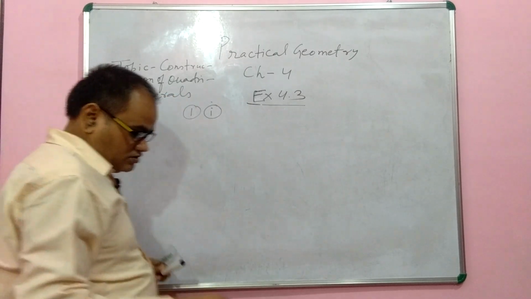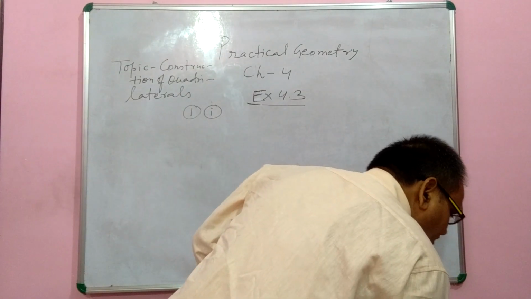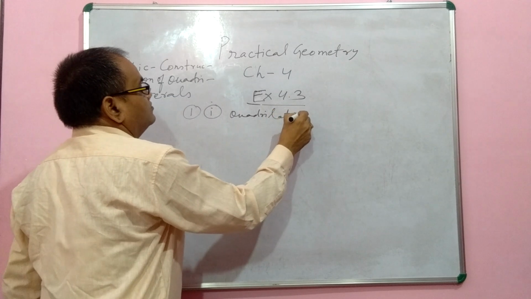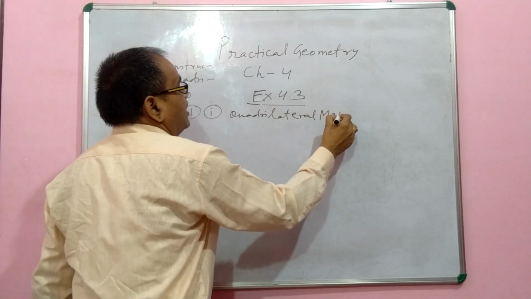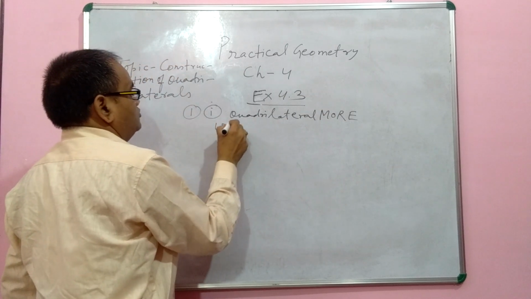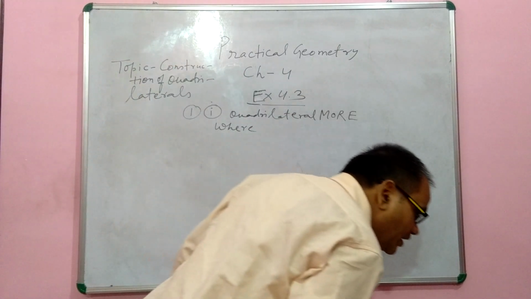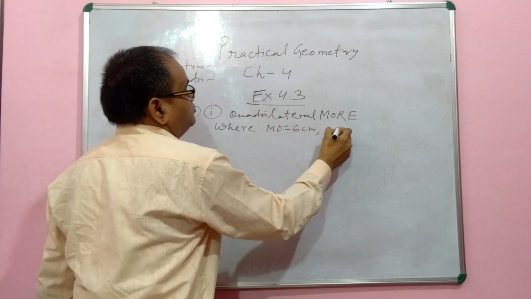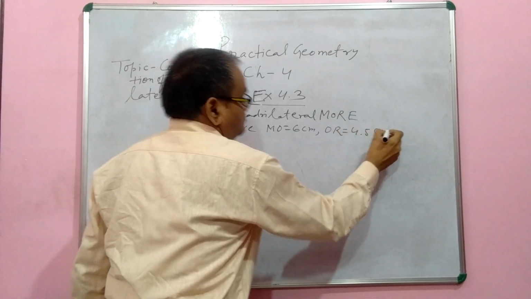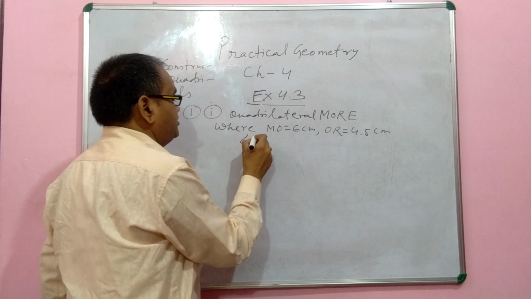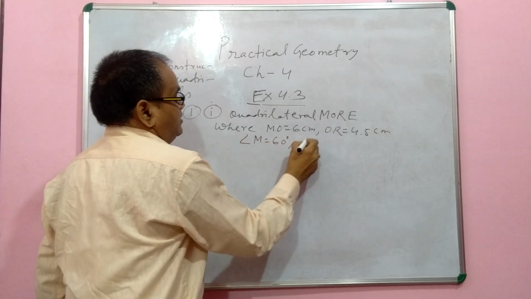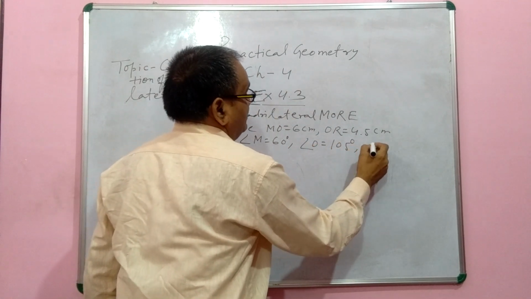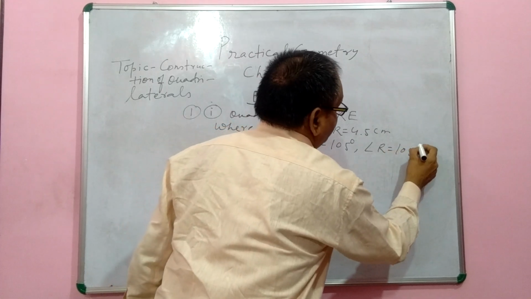Look here everybody, quadrilateral MORE, where MO equal to 6 centimeter, OR equal to 4.5 centimeter, angle M equal to 60 degree, angle O equal to 105 degree, and angle R equal to 105 degree.